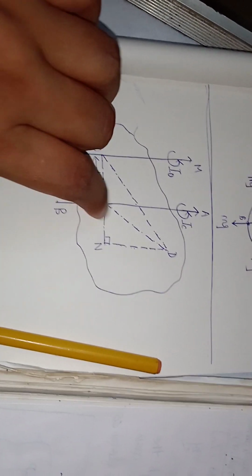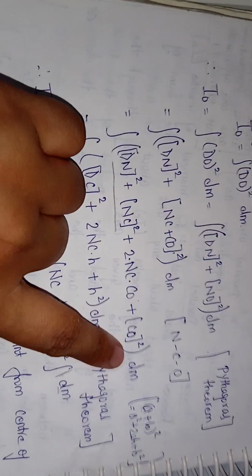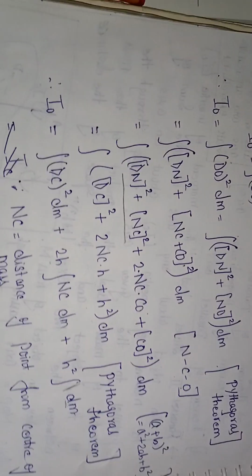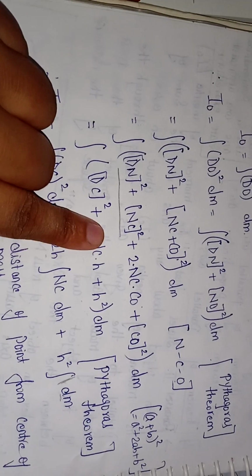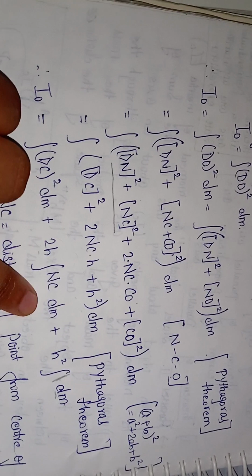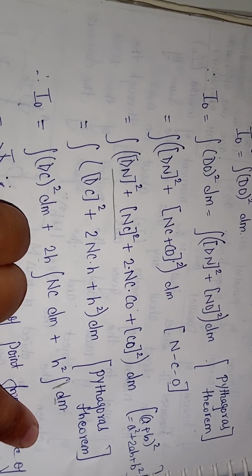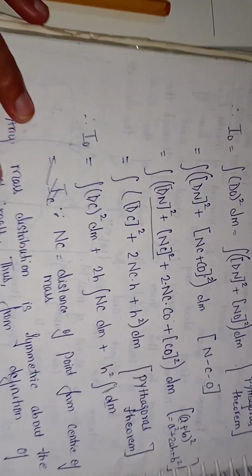So here these two terms give DC square, and we have substituted the h values. Now we are going to separate the integration part: DC square dm, plus 2h is constant, NC dm, plus h square is again constant, so therefore dm. The integration goes with each term.